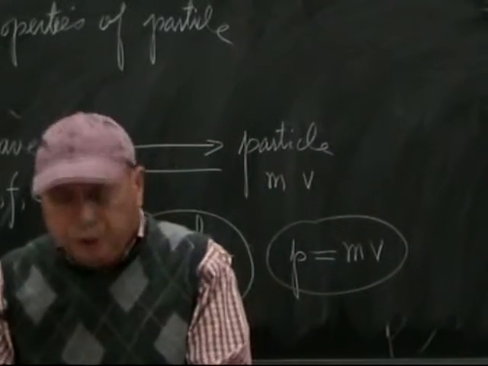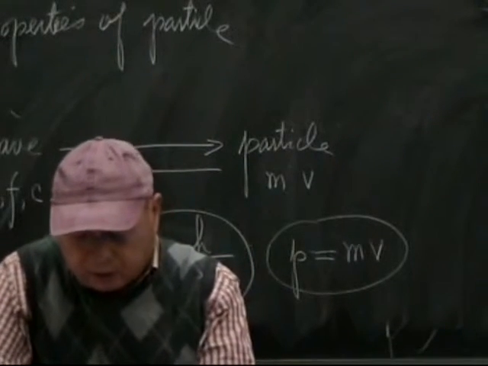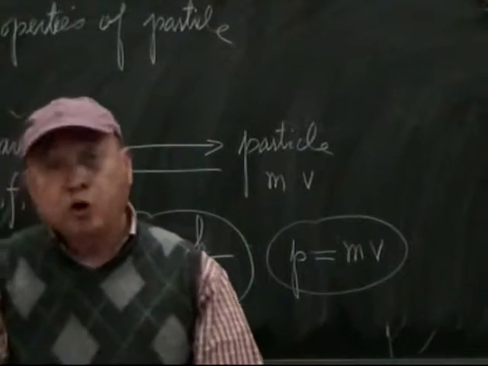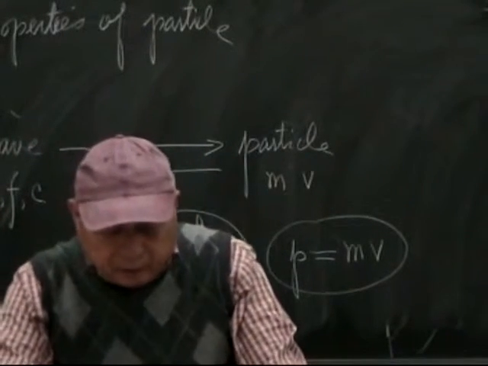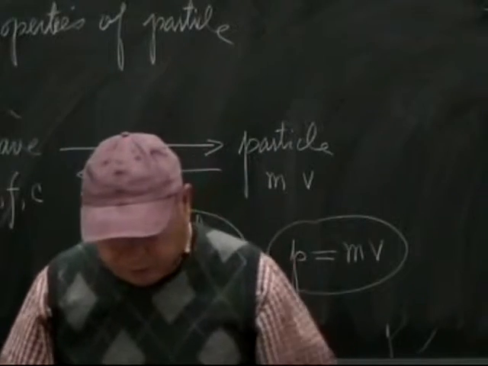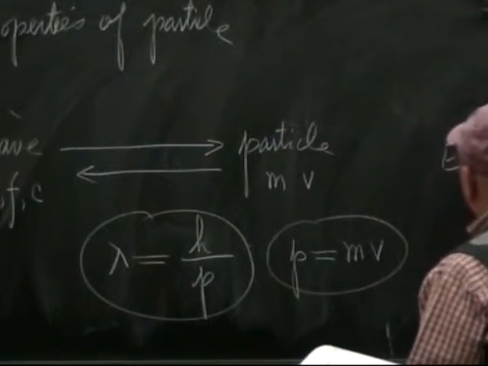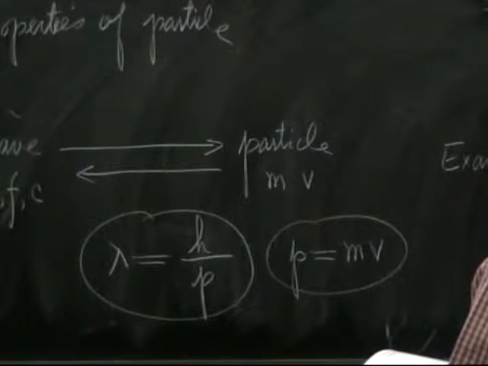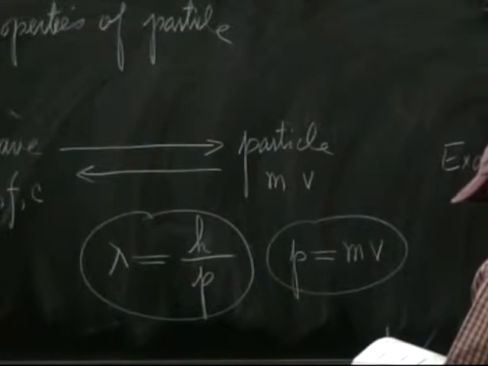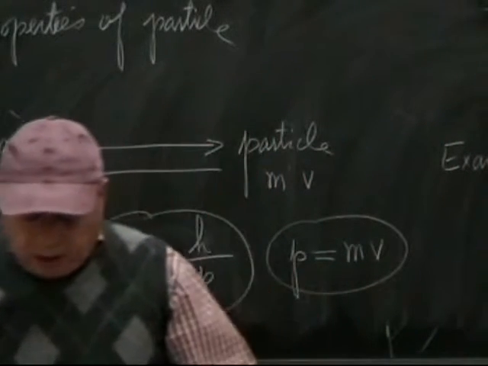Now, when you have that kind of assumption, you have to prove it. So they did a couple of different experiments. Number one experiment they did is the Davisson and Germer experiment, and they proved that. And then we'd like you to look at examples 28.5 and 28.6 about this.